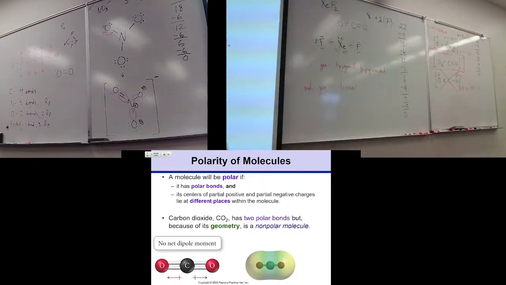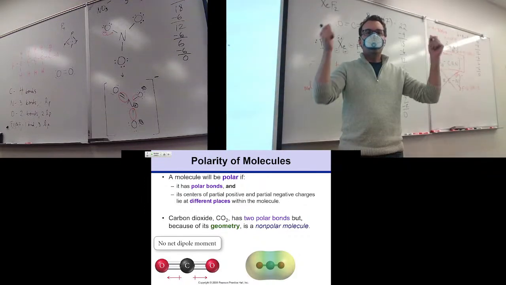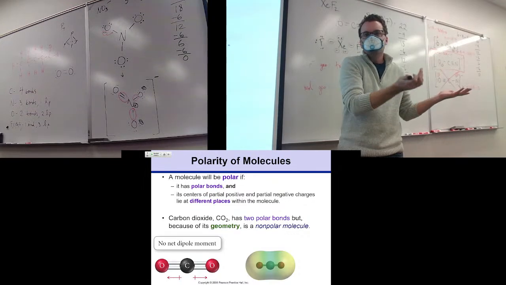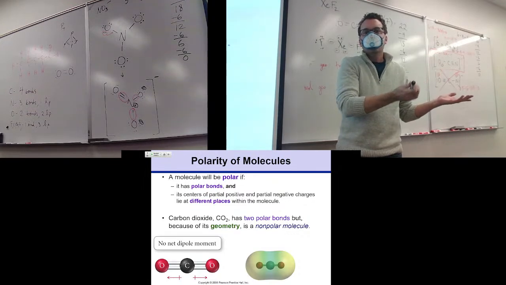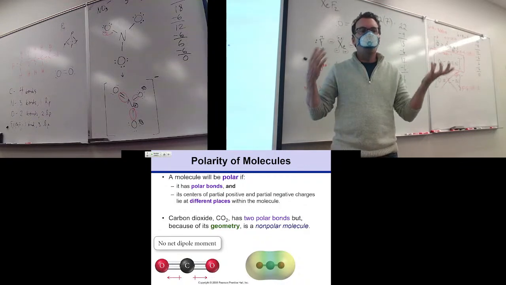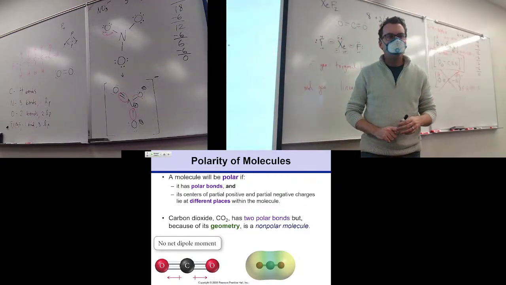So in this bond, this is the partial negative side. In this bond, that's the partial negative side. So when I look at that molecule, can I say there is definitely one side of that molecule that is more negative? No, I can't. The dipole moments have canceled each other out. There's no one side that is more negative. And here's that electrostatic potential thing.